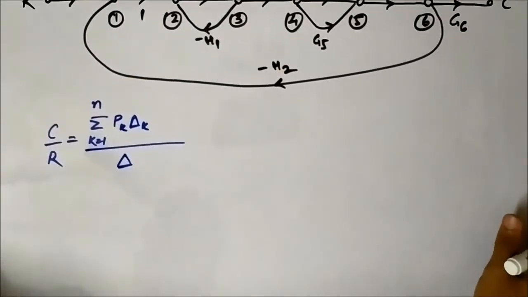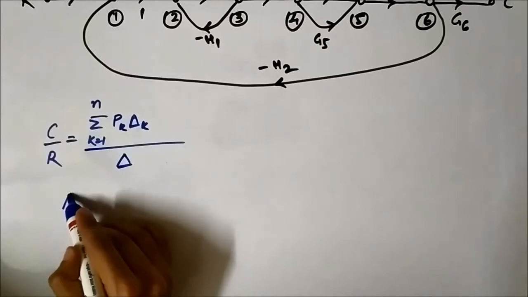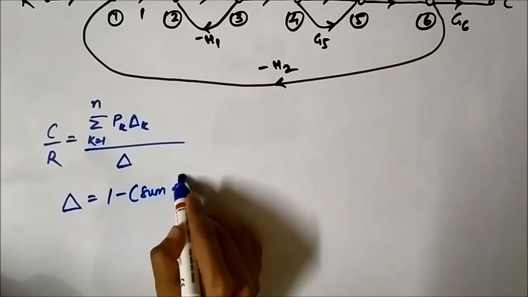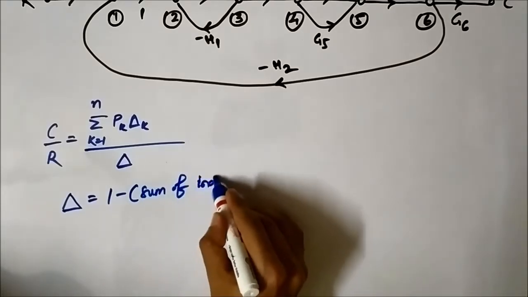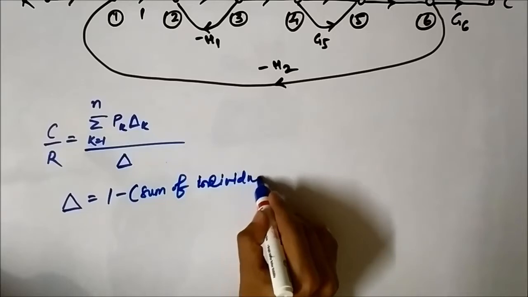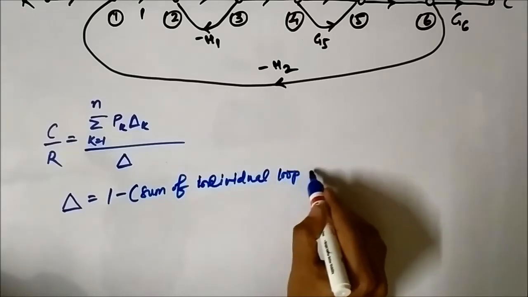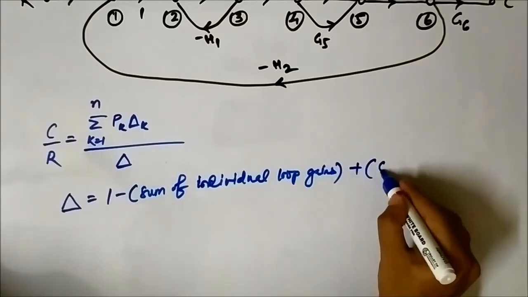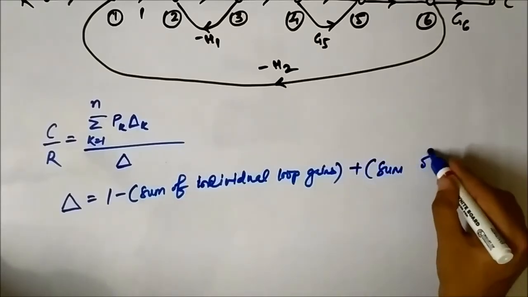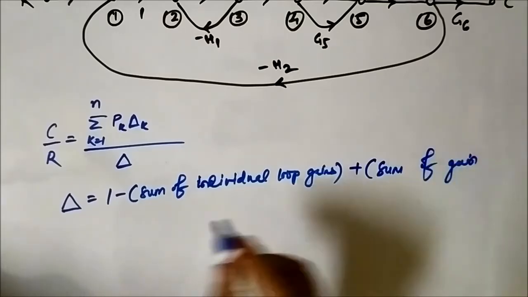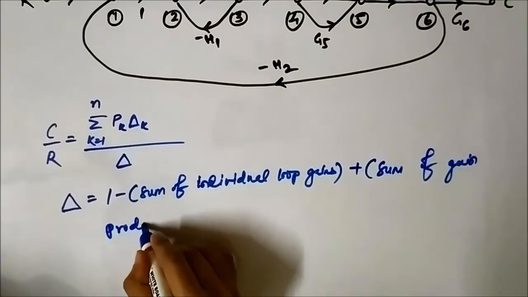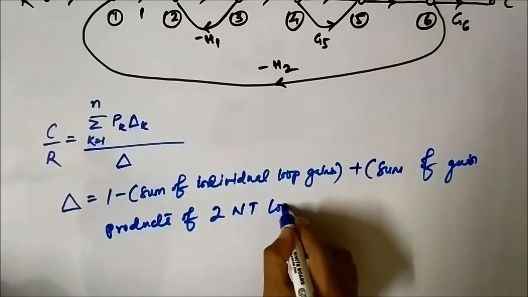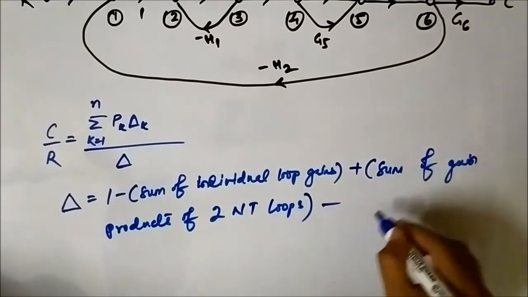So first we'll determine the graph determinant. Graph determinant is 1 minus sum of individual loop gains plus sum of gain products of two non-touching loops minus sum of gain products of three non-touching loops, and so on.